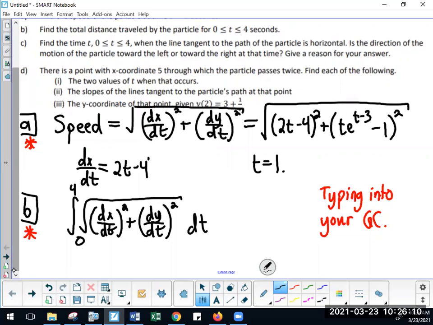Okay. Part C. Find the time t on the interval 0, 4 when the line tangent to the path of the particle is horizontal. Is the direction of the motion of the particle toward the left or toward the right at that time? Give a reason for your answer.